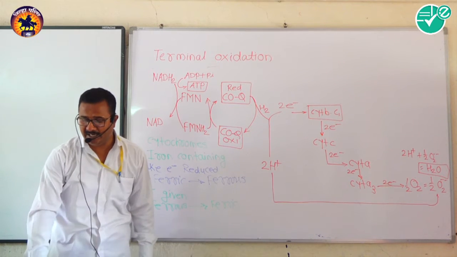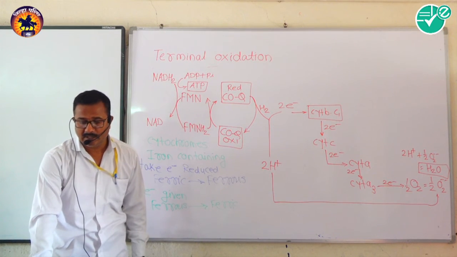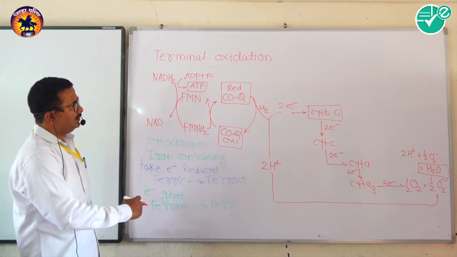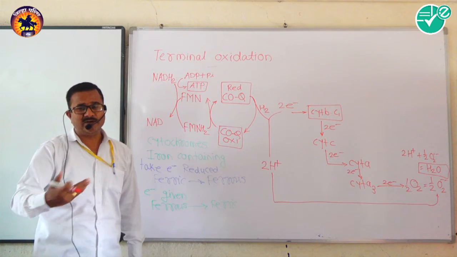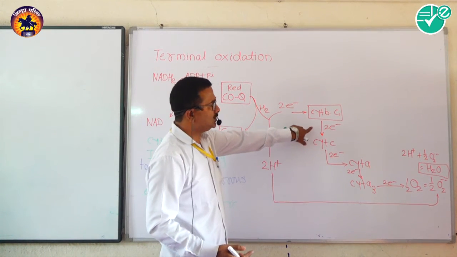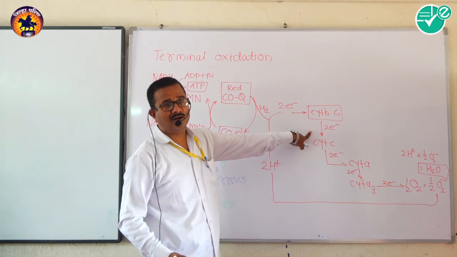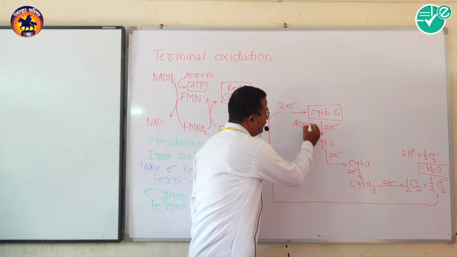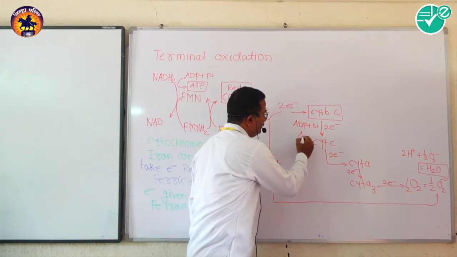This means one ATP molecule is formed here. Then when electrons move from cytochrome BC1 complex to the cytochrome C, at this step the electron also releases energy. This energy is utilized in the formation of the ATP.